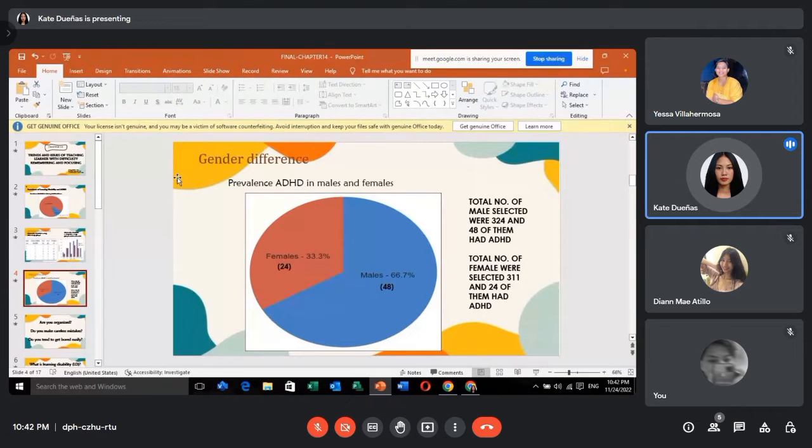Total number of females selected were 311 and 24 among them had ADHD. The prevalence of ADHD in females was 7.71%. Among the 72 children identified as having ADHD, 66.7%, which is 48, were males and 33.3%, which is 24, were females.